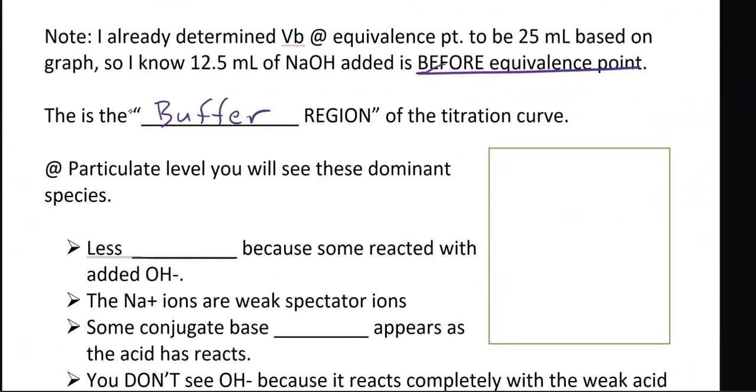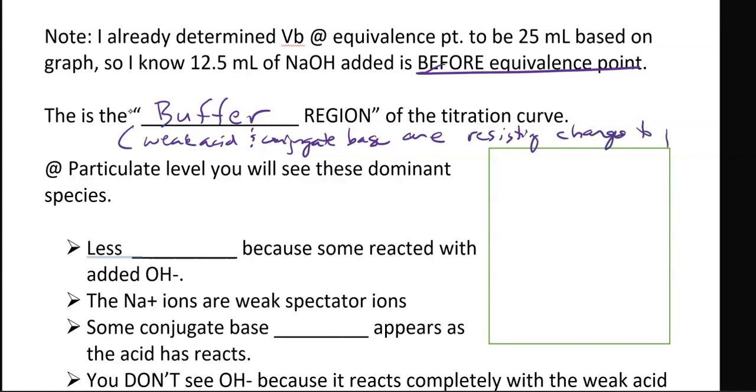We're in an area on the curve where the weak acid and the conjugate base of that weak acid are resisting changes to pH.